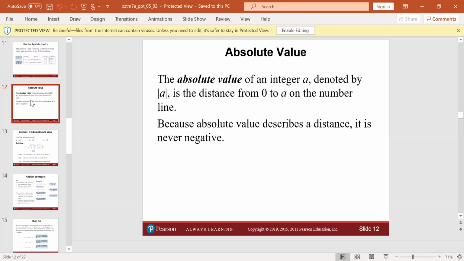Absolute value. Let's talk about absolute value. If you're taking the absolute value of a number, you're asking how far away is it from 0?